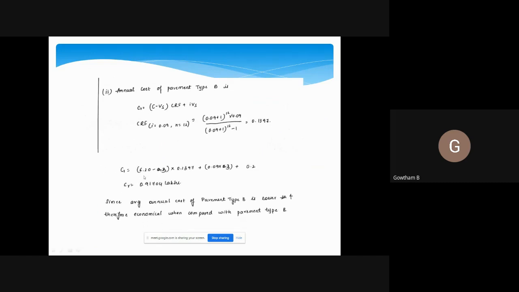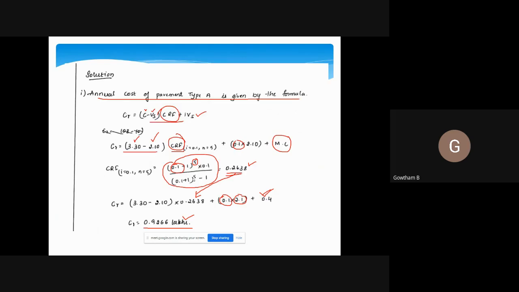Let me check the yearly investment of payment type B. I repeated the same calculation, but with the data of payment type B, and at the end I got 0.917 lakh.